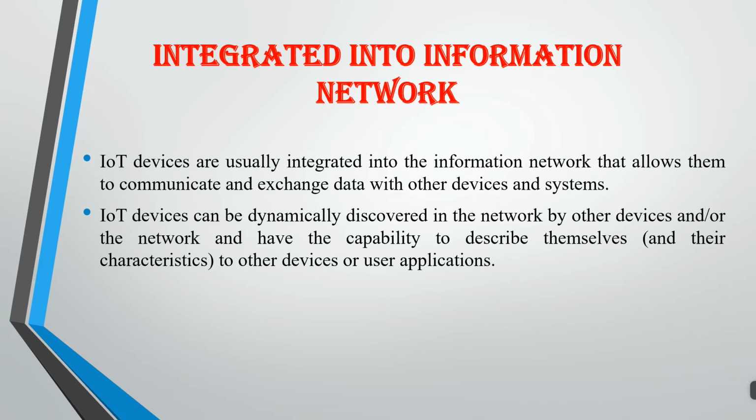It's not that I should be connected to the same network. I can be from a different network. I can discover it from a different network, or from other devices or other networks, so that I can do all the activities with the help of the user applications.